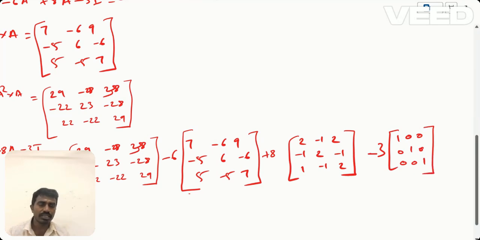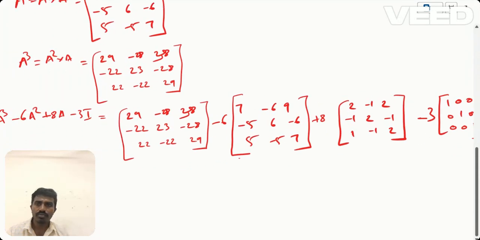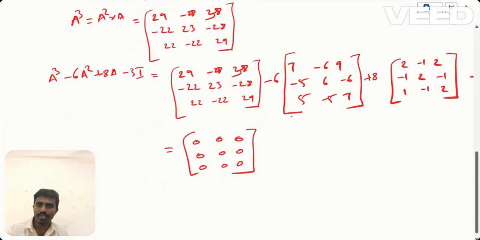That is the diagonal matrix whose diagonal entries are equal to 1 and off diagonal entries are 0. Now if you simplify, then you get 0 0 0. So this is the verification. Simplify these matrices, then you get hence verified.